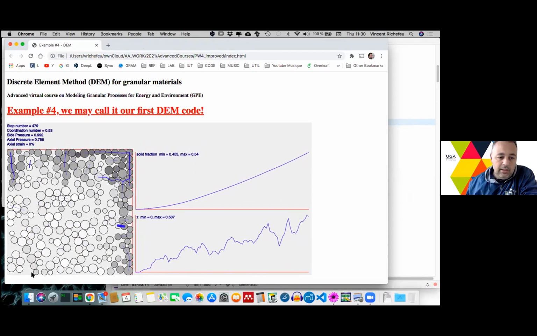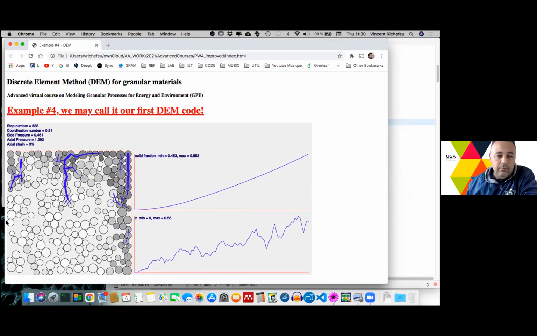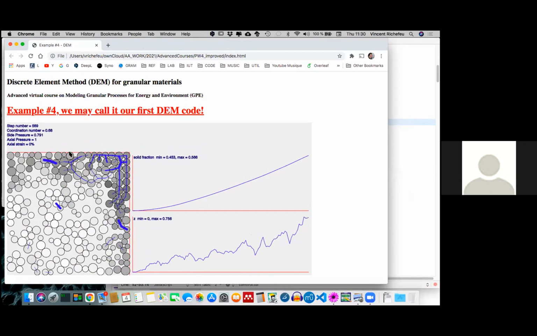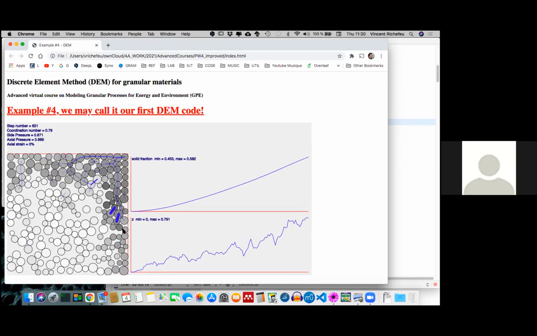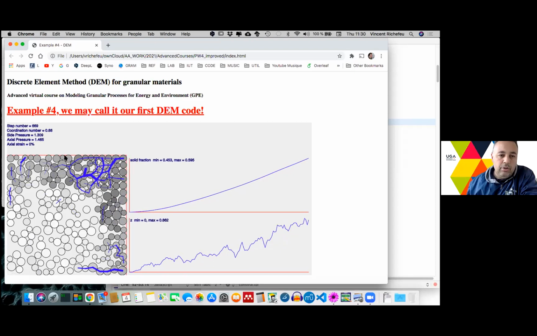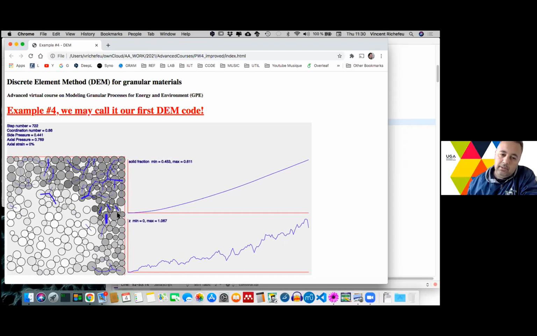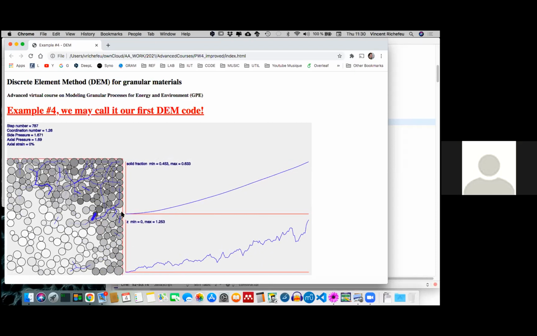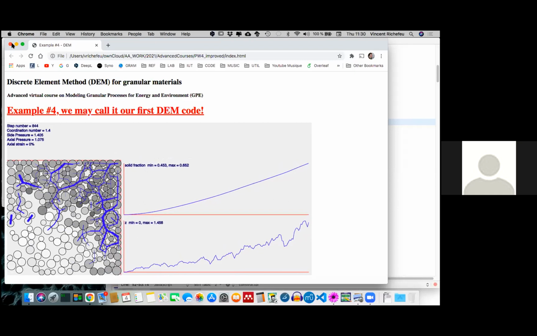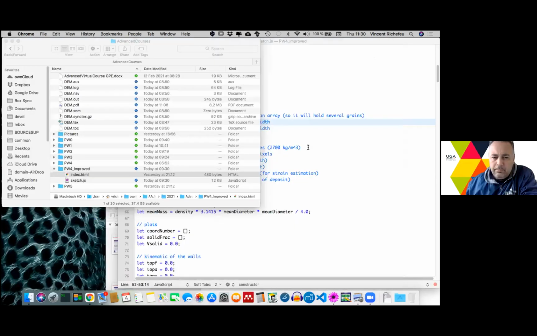The bottom and left walls are fixed. And at the beginning of this simulation, I apply a pressure on the top wall and on the side wall. Okay, for now I will stop.